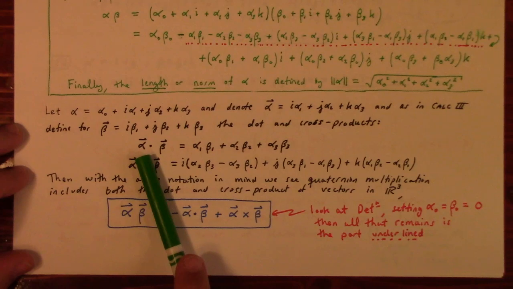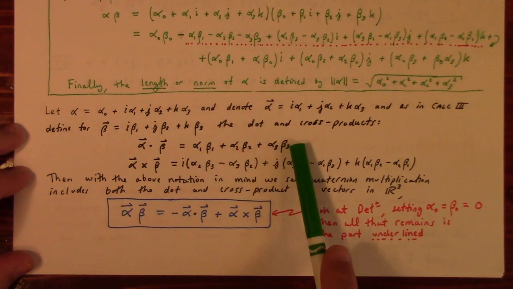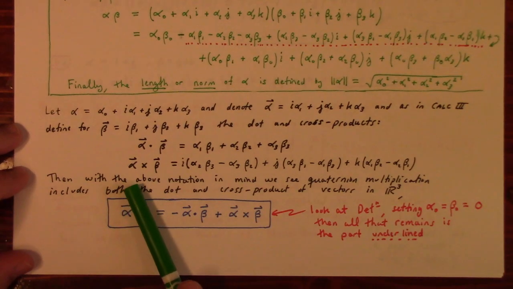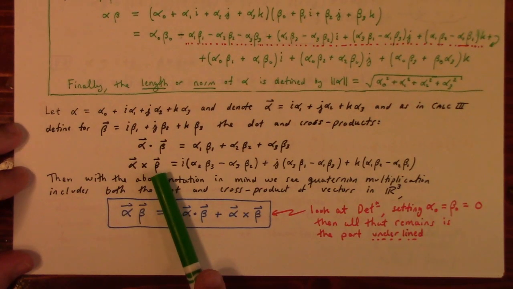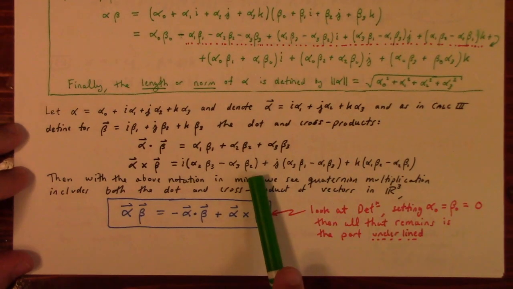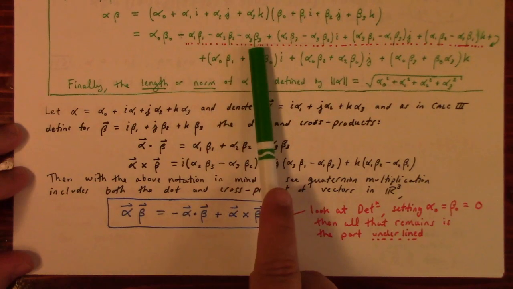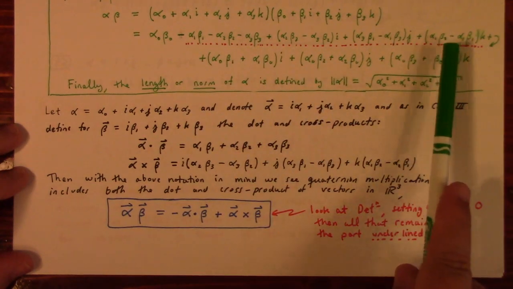So when I do alpha dot beta from calc 3, that's alpha 1 beta 1 plus alpha 2 beta 2 plus alpha 3 beta 3, maybe you remember. And the cross product of alpha and beta as vectors is defined like such, right? And so if you go back up here and look at this, what you've got is minus the dot product plus the cross product, actually.